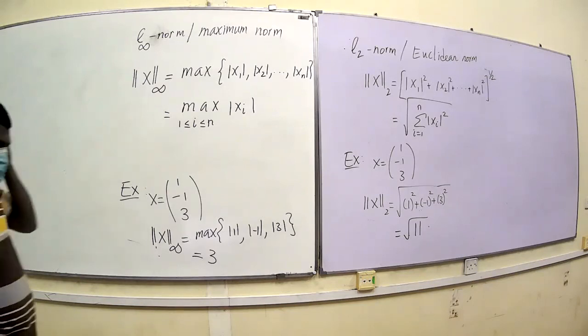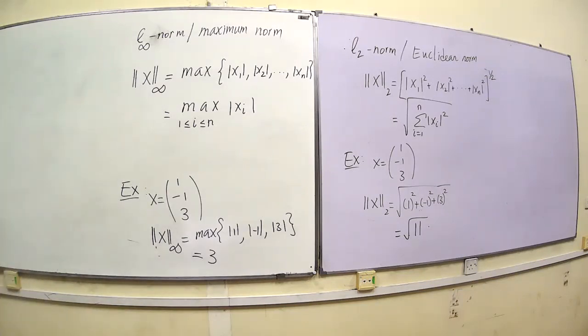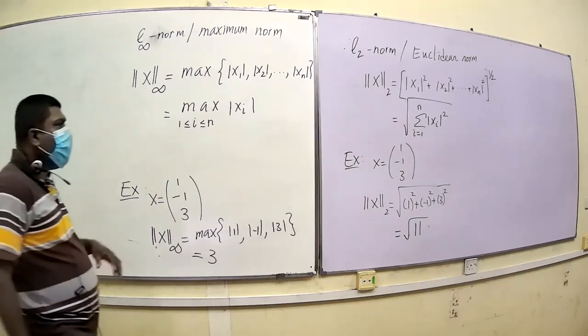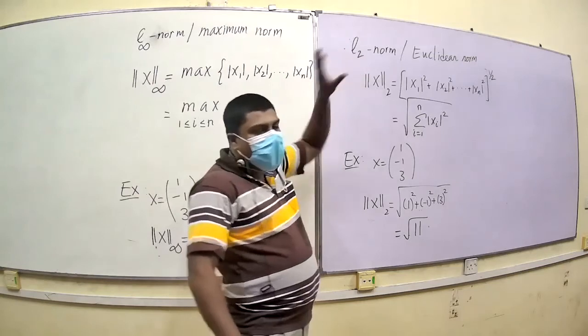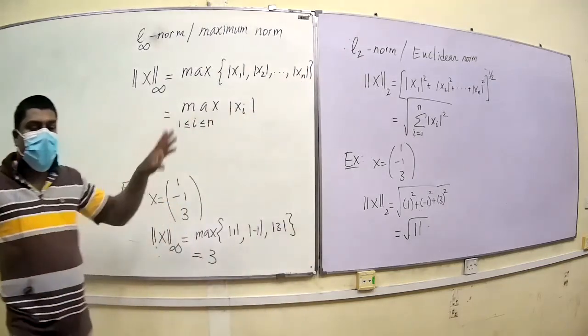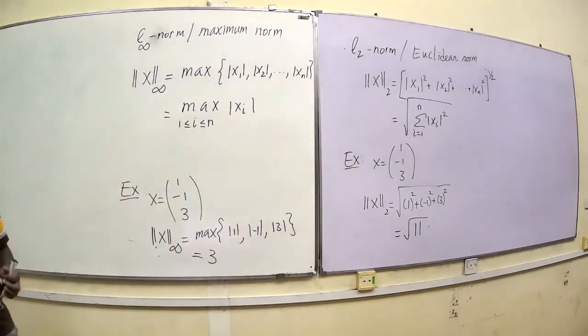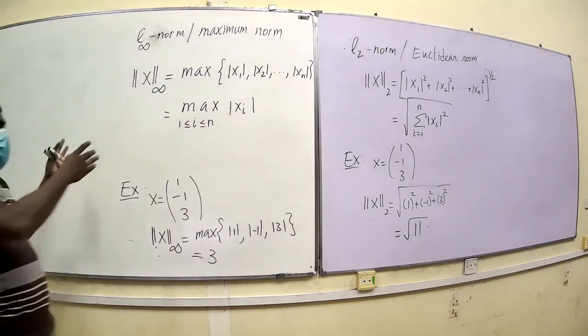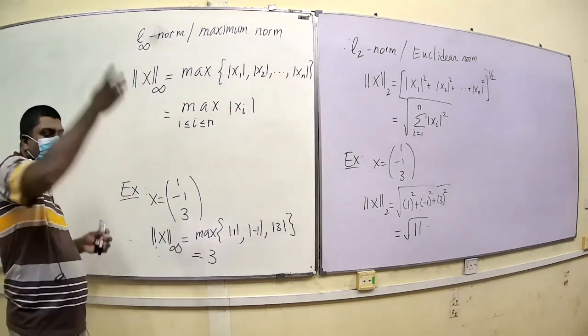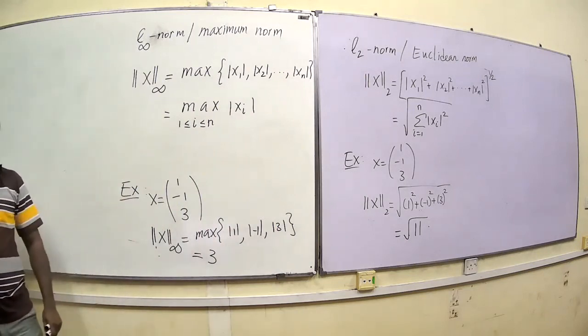Okay, so what we have now is the vector norm. In the next class, we are going to transform this vector norm into a matrix norm, because a matrix is different from a vector. A vector has only one column, but a matrix has rows and columns. So you cannot use a vector norm for a matrix.